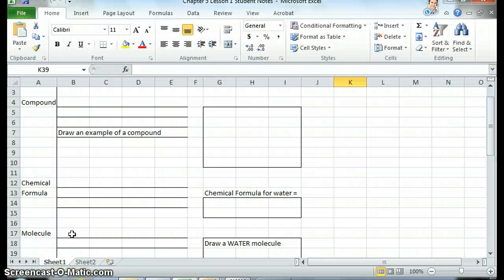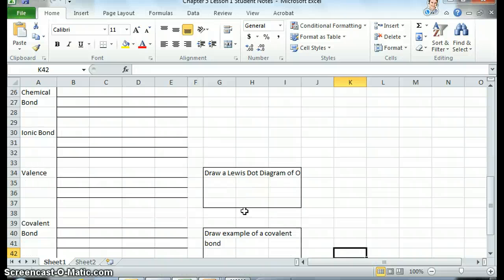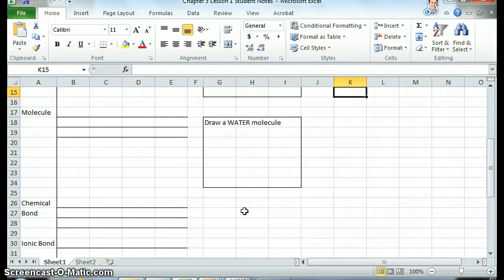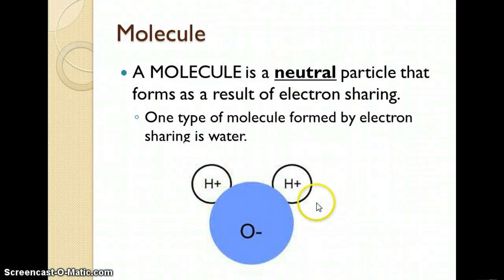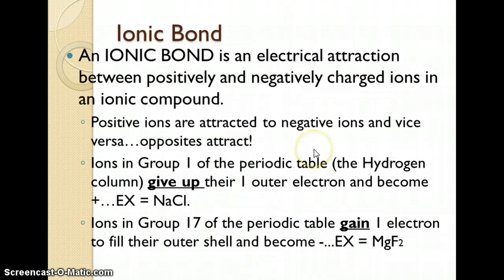So you should have on your notes the chemical formula for water from the last slide, H2O. Then I want you to draw me an example of a water molecule, which is this right here. A molecule basically you get from electrons being shared between different atoms, and that is why it's neutral, because they're shared.